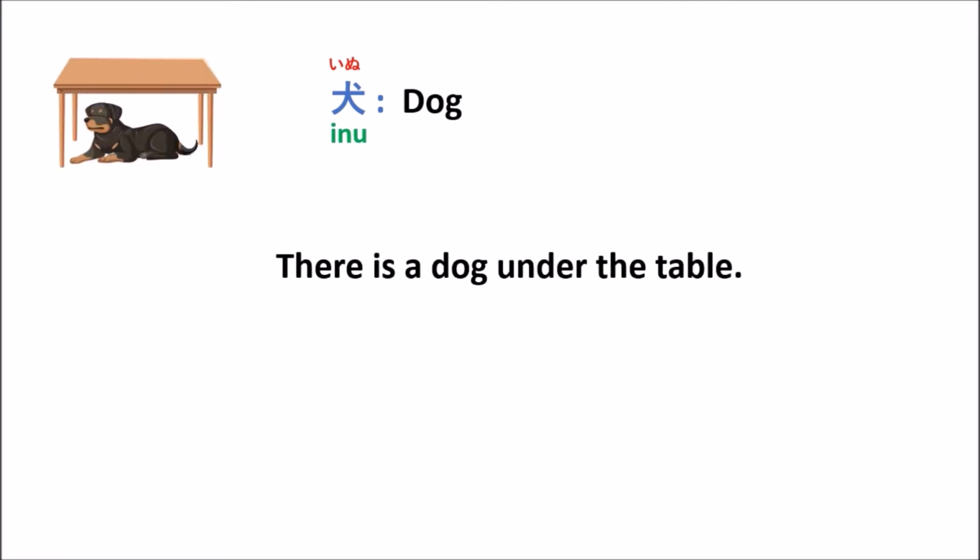Here you see we have a dog under the table. If we want to create a simple sentence like, there is a dog under the table, how do we say it in Japanese?